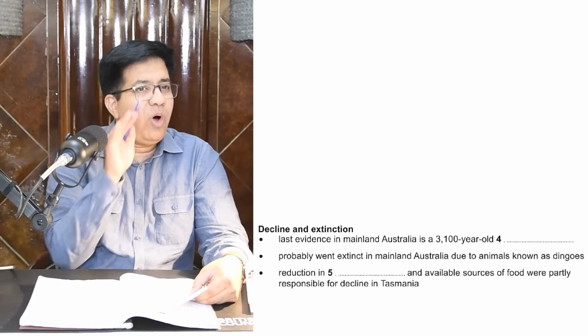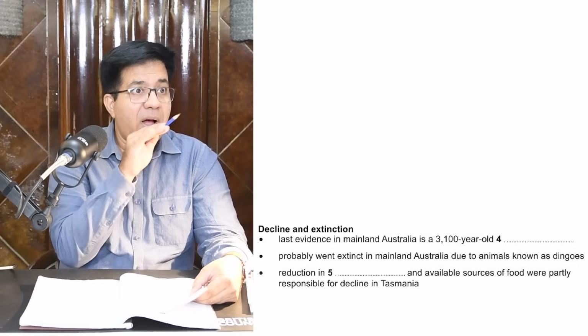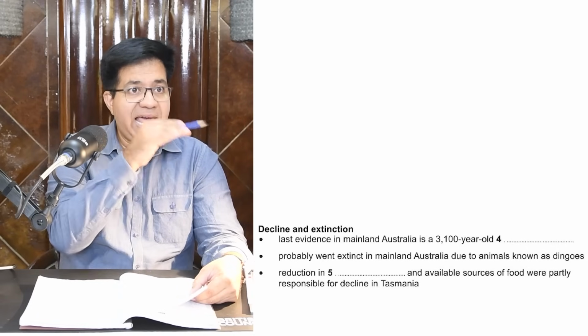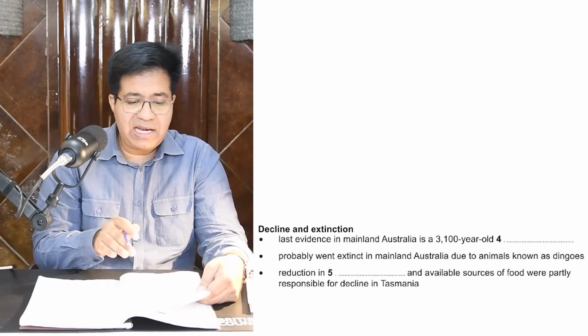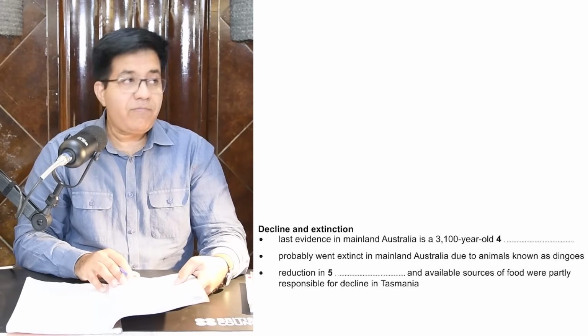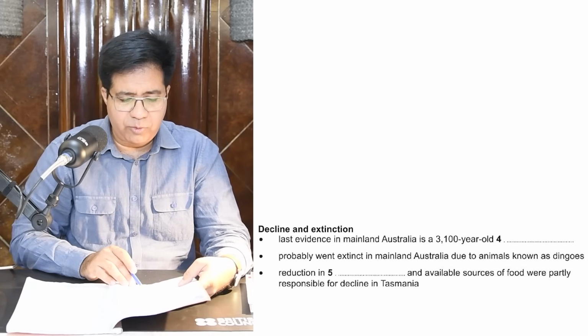Now listen, what is 3,100-year-old? Okay, maybe they found a part of thylacine, 3,100-year-old bone or skeleton or anything like that. Now look for the word 3,100-year-old. Good. Now it's important to see what is 3,100-year-old.